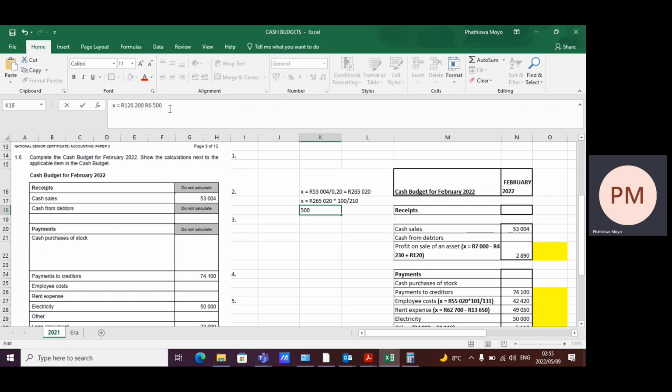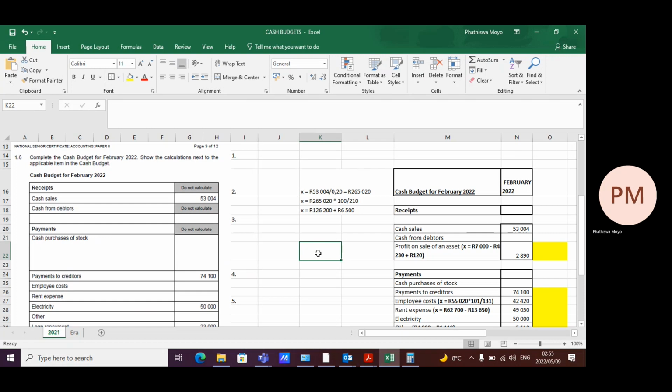Remember, I said cost of sales will minus donations, because we want to know the cost to make a sale. But here now, we are calculating the purchases. Even what we donated, we bought. So it's part of the purchases.